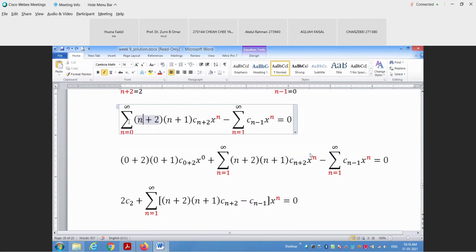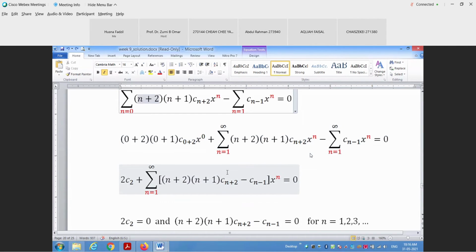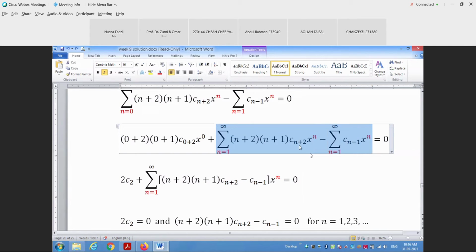From now on, in the first series, we start with n equal to 1. Now both series have the same power and the same index, and then we can combine these two.